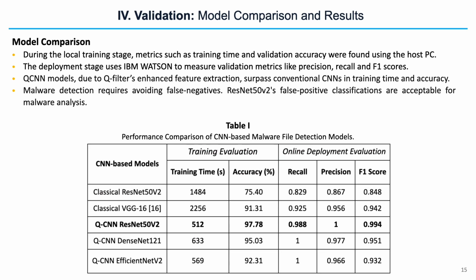Here is a more detailed comparison of the types of algorithms we studied and analyzed during the publication of this paper. As we can see, the classical ResNet requires a lot of time when compared with the quantum variations: the quantum ResNet, the quantum DenseNet, and the quantum EfficientNet.